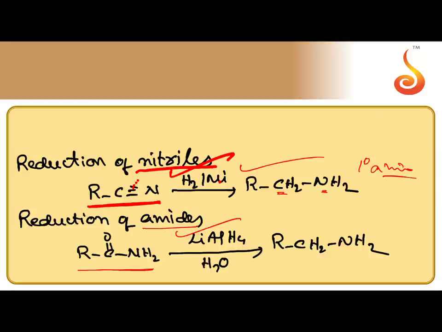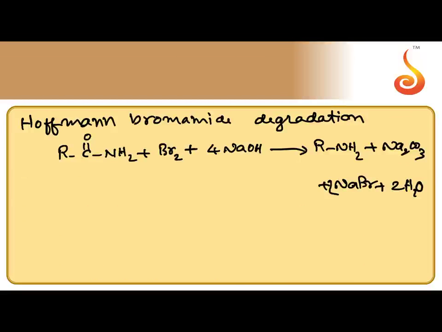When LiAlH4 is used, oxygen is removed and hydrogens are attached. Oxygen is removed from carbon and 2 hydrogens are attached to the carbon. So finally, amide undergoes reduction with LiAlH4 to give amine, primary amine. If you take secondary amide, we can get secondary amine. If you take tertiary amide, we can get tertiary amine. So by this method, we can prepare 3 types of amines.